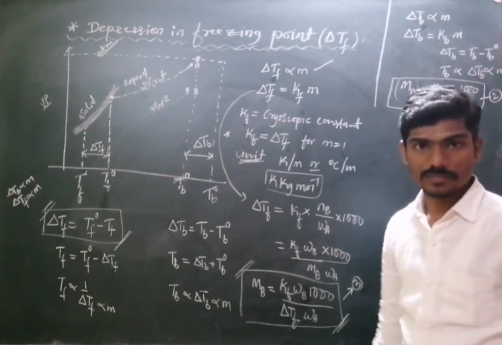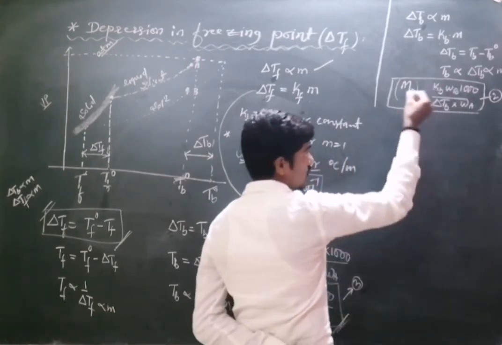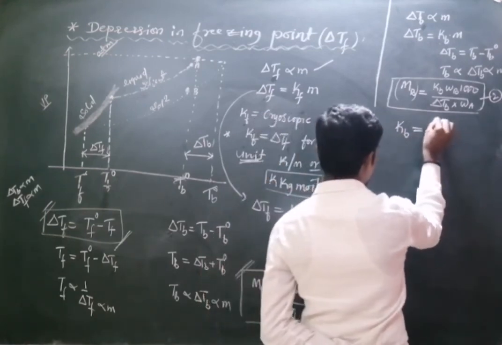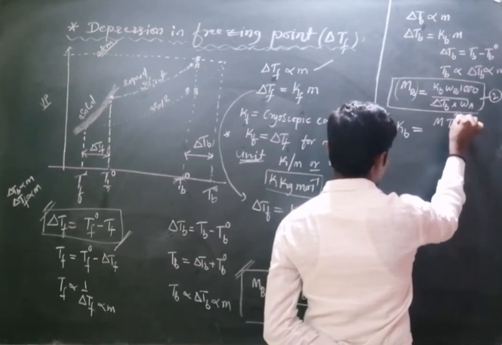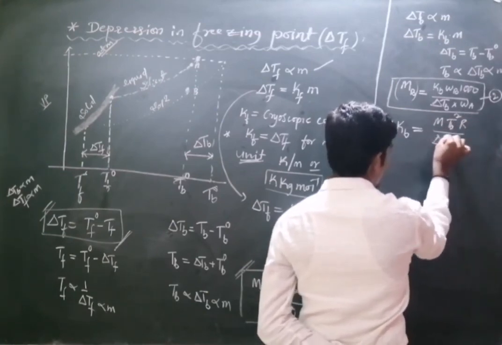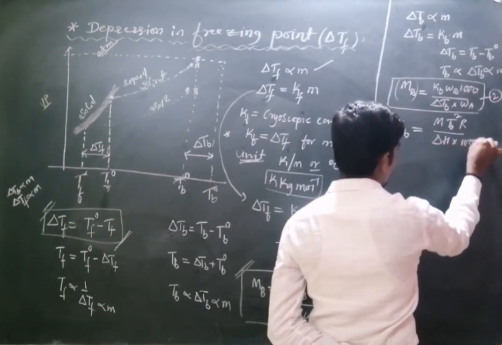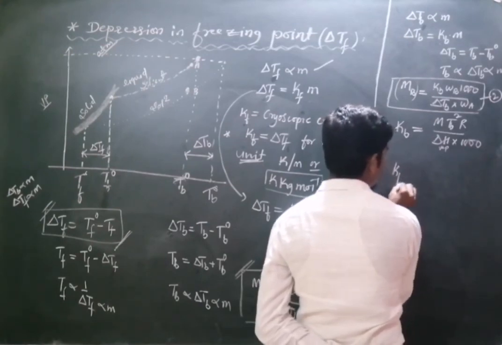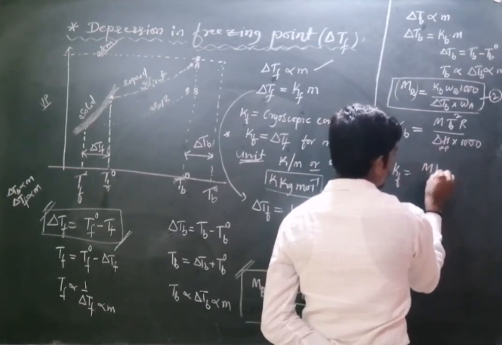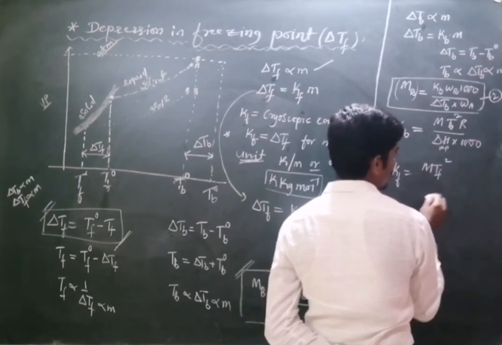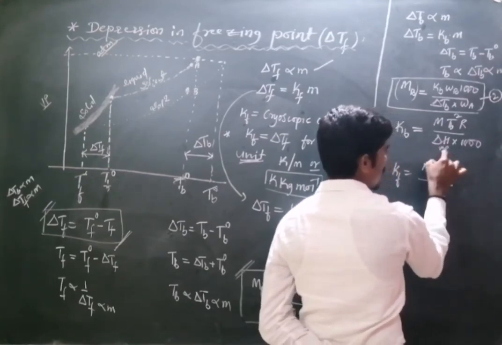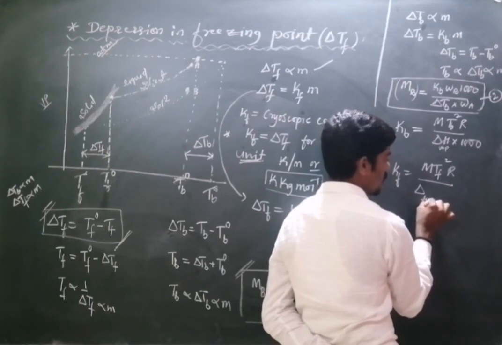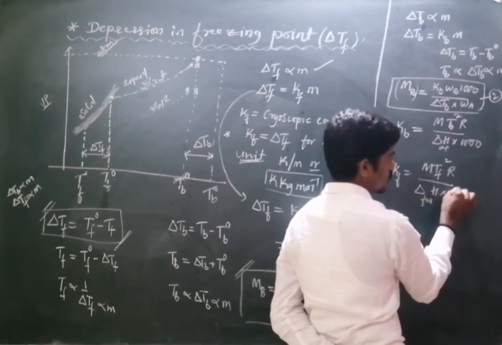If Kf is not given, then we need to calculate Kf. It is similar to Kb. Kb is calculated by the formula M T square R, right? M T square R divided by enthalpy of vaporization, whereas Kf can be calculated by the same formula, M T square F, here it is the freezing point, into R divided by, in place of delta H enthalpy of vaporization, here we take enthalpy of fusion, into 1000.